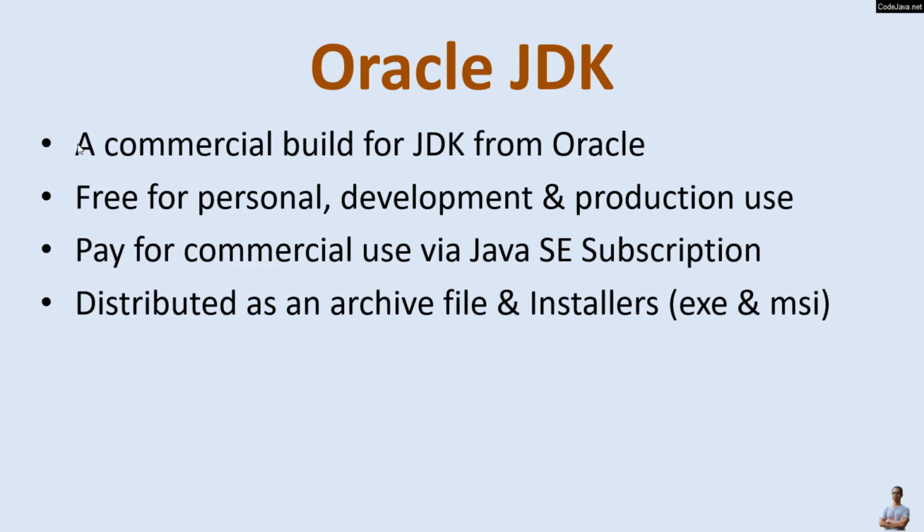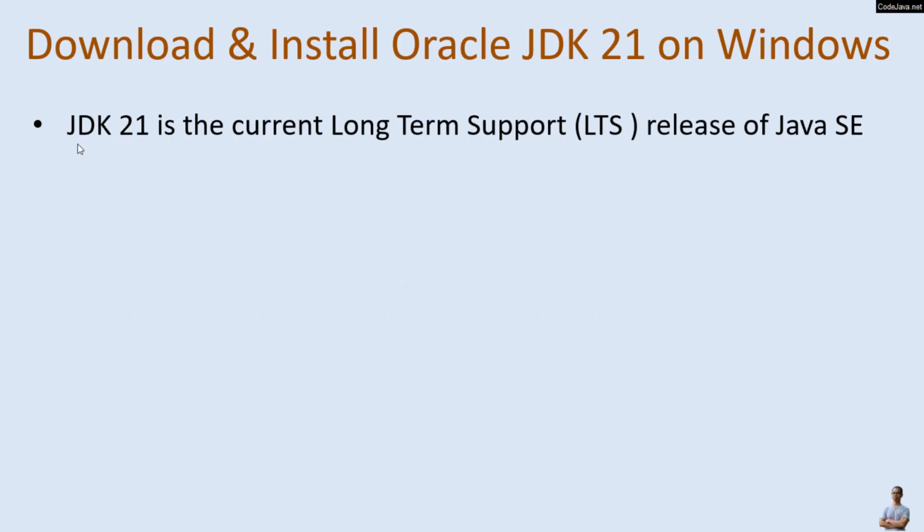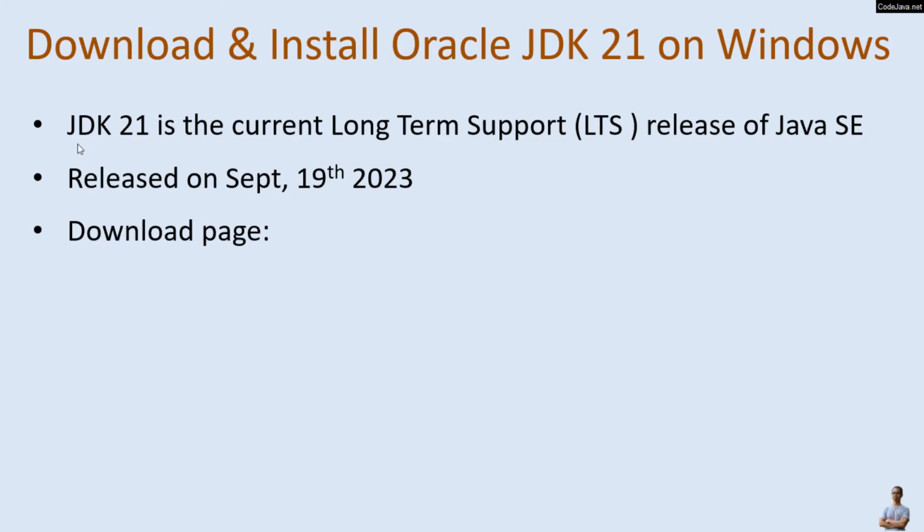And Oracle JDK is distributed as archive file and installer, such as ZIP and MSI for Windows. And JDK version 21 is the current long-term support or LTS release of Java SE as of December 2023. It was released on September the 19th, 2023.